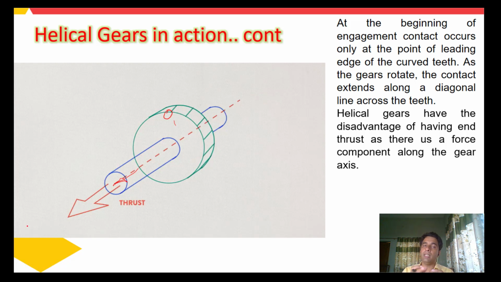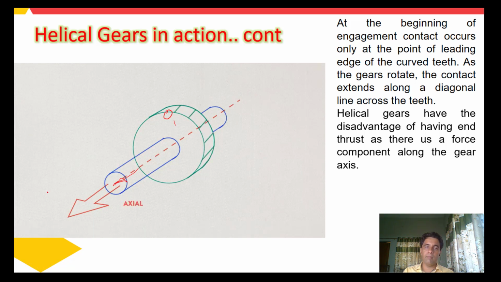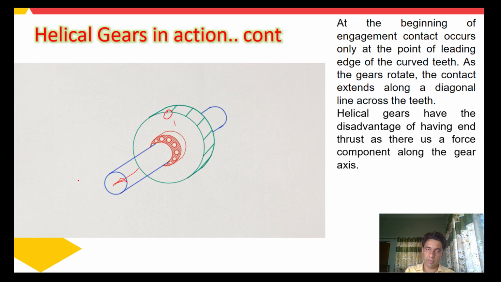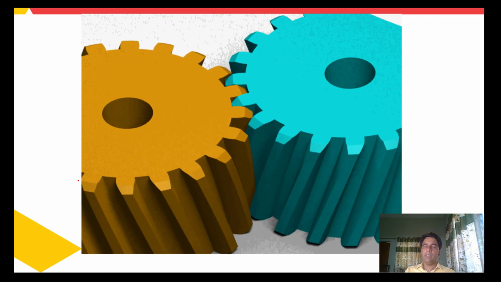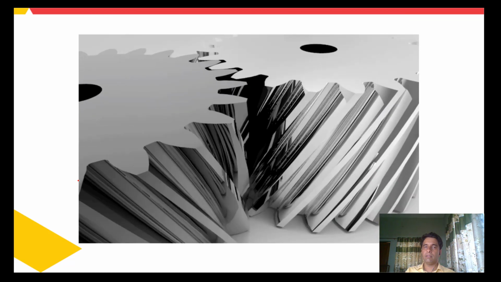Therefore, helical gears are always associated with end thrust bearings. So you can see in this case there is a bearing deployed along with the gears. This is the bearing, and the bearing will take care of the axial load. Now you can see some more gears in action.